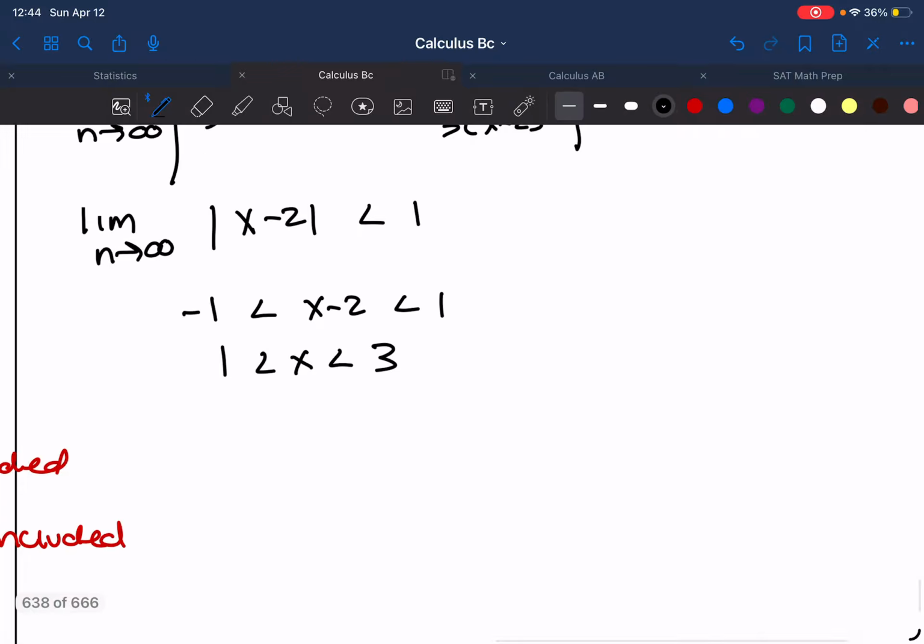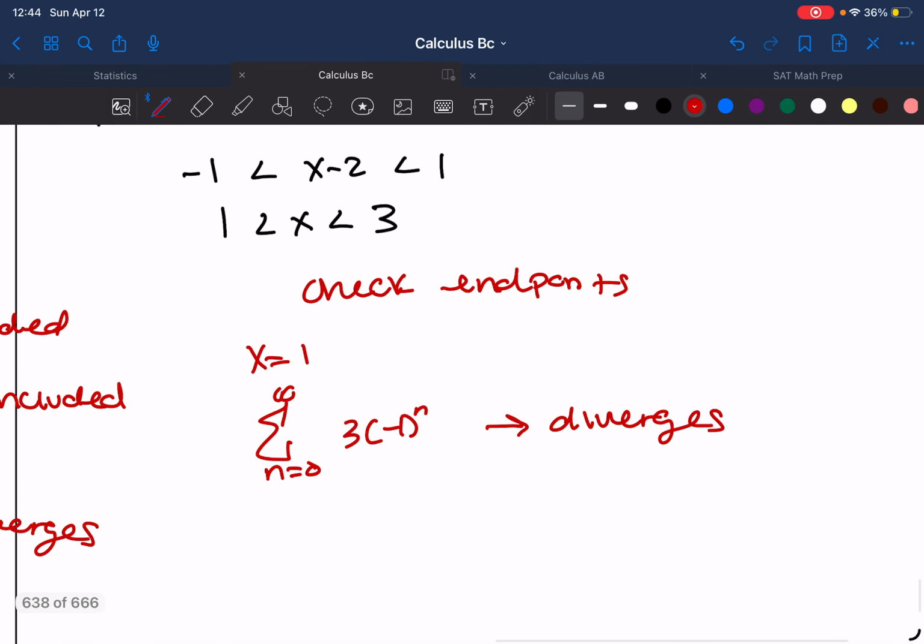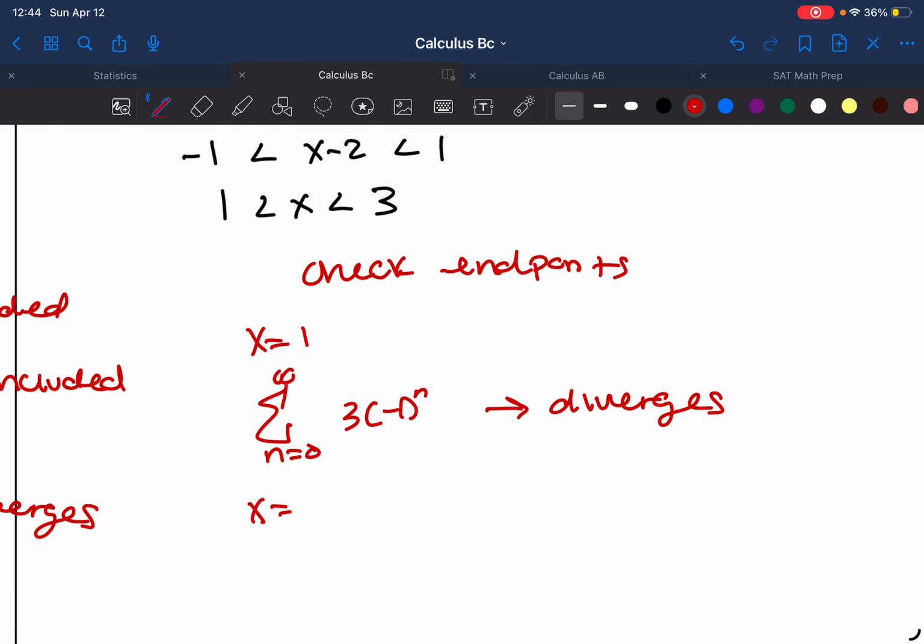So then I need to check my endpoints. So at x equals 1, I have the summation of n equals 0 to infinity of 3 times negative 1 to the n power. This diverges, so x equals 1 is not included. And then I do x equals 3.